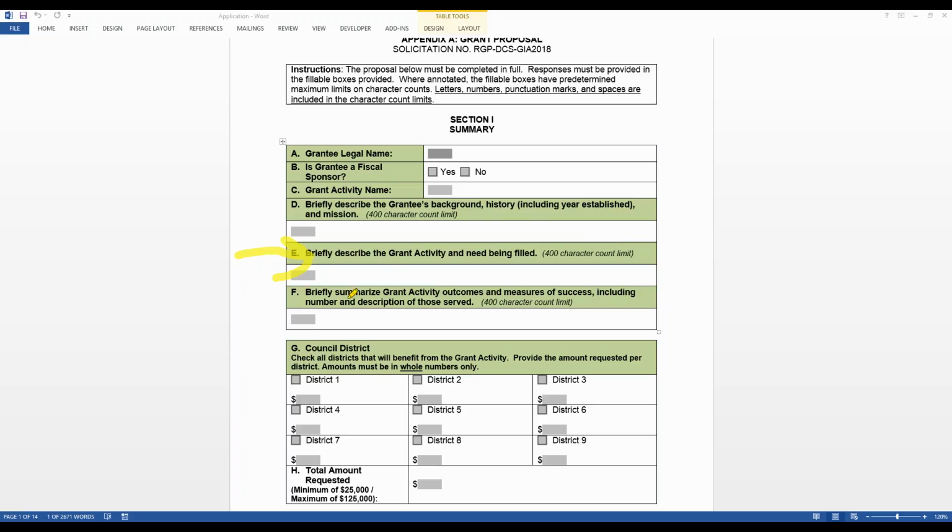Next, F, summarize grant activity outcomes and measures of success. In the past, we've seen that people were overly ambitious, proposing like 20 different outcomes and 10 different measures of success, which is all good, but more is not necessarily better, and in some cases it may create more confusion or inaccurate interpretation.